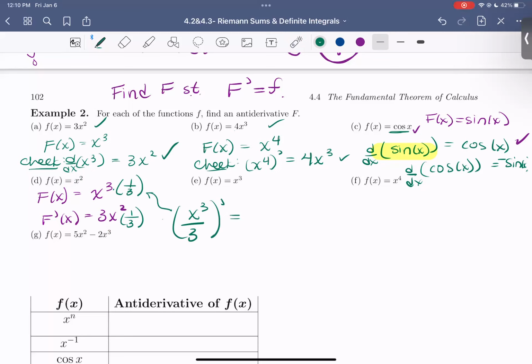Now with x cubed in the numerator, we use the power rule to get 3x squared, and then we're still dividing by 3 because that 3 is just a constant. And that 3 cancels out to give us the function x squared. So our antiderivative here will be x cubed over 3. I'm going to go ahead and clean some of this up so we have enough room.